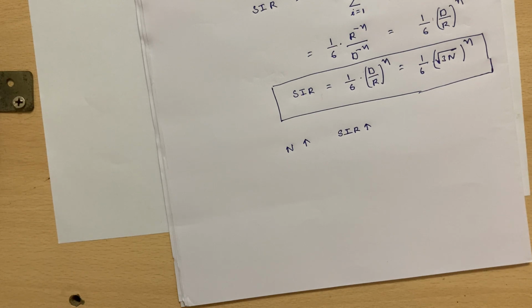So the number of carriers or channels available per cell will be reduced as n increases. If you increase the n value, the number of channels or carriers available to a particular cell will be reduced.